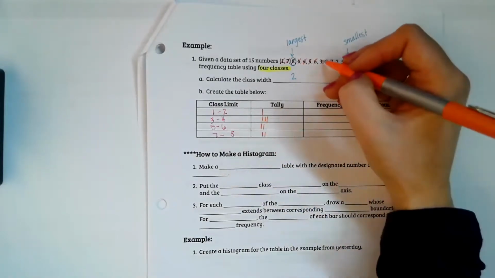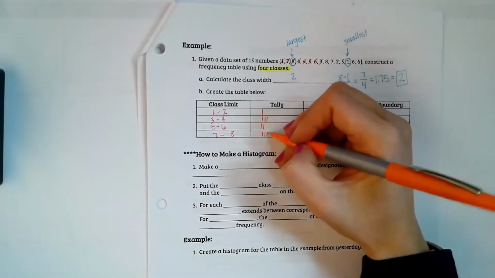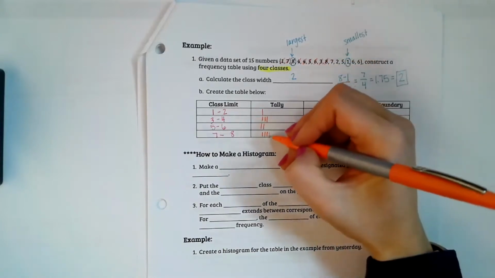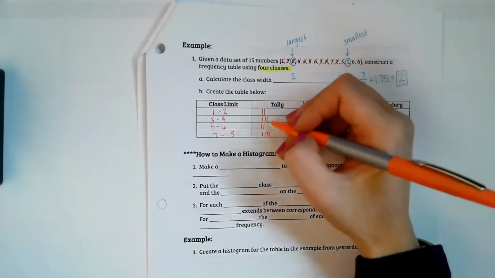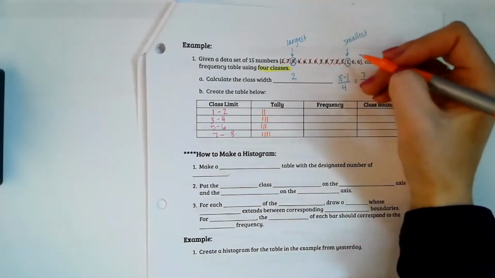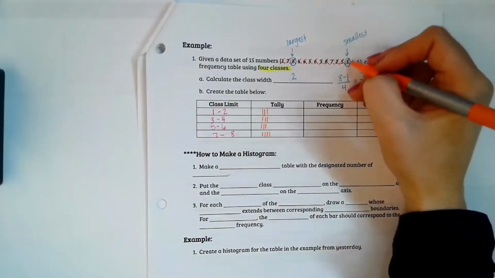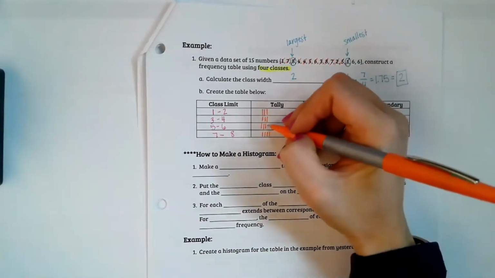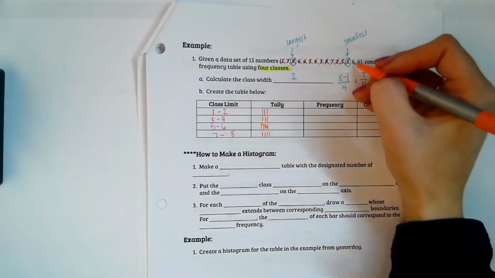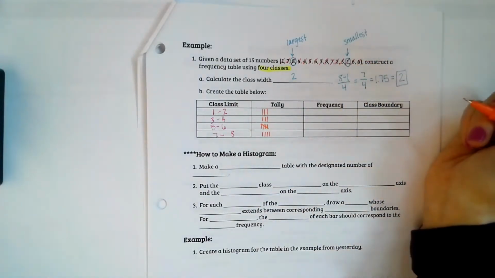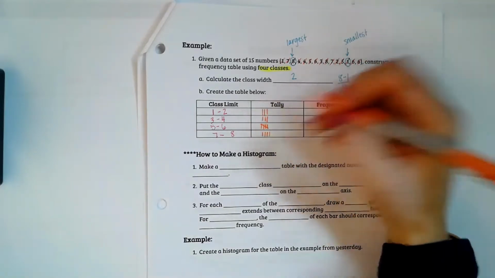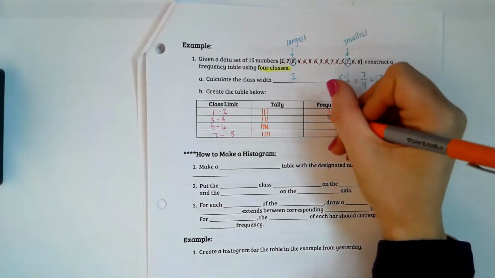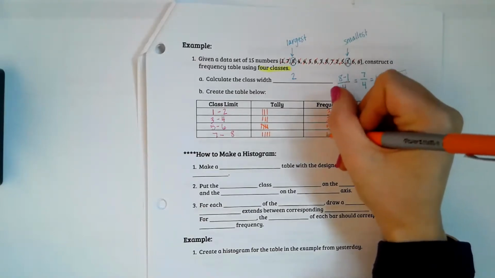Then your 3. And an 8. And a 7. 2. A 5. A 1. And then 2 6s. So your frequency is how much those occurred. So how many tally marks do you have? I have 3 tally marks here, 3 tally marks here, 5, and then 4.